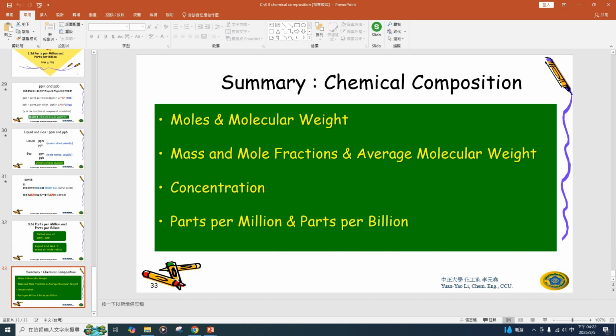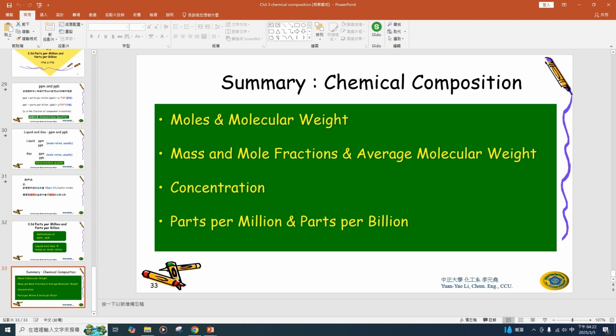Once you want to talk about concentration or composition in the gas phase, what you need to use is weight or mole? Normally you use mole to represent ppm or ppb in the gas phase.